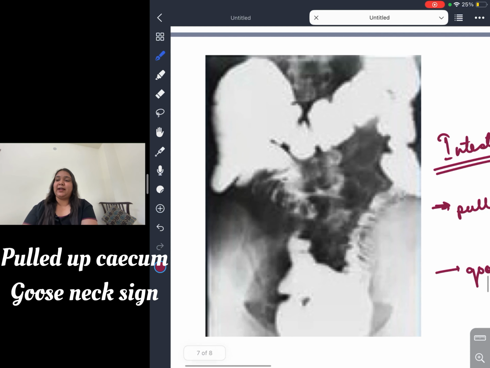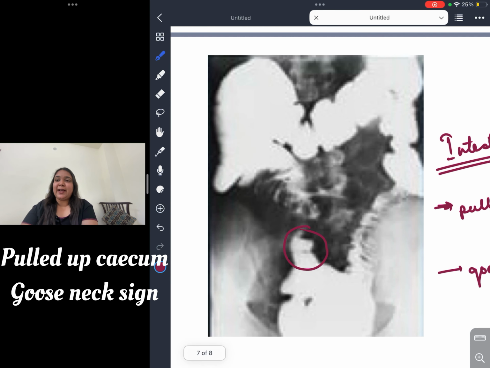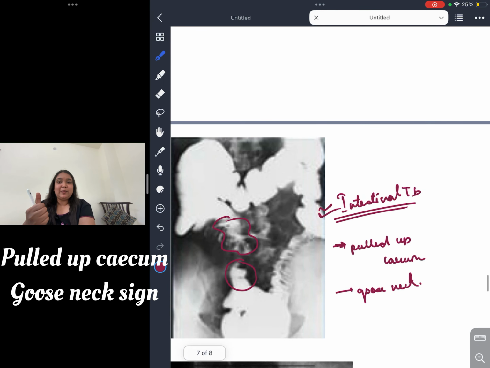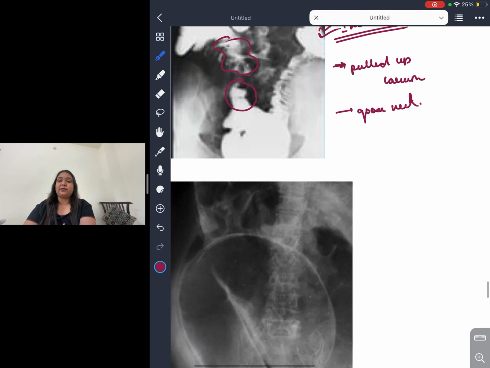So we have a goose neck sign and we have a pulled up cecum. If you find this image, go for your answer as intestinal TB: pulled up cecum, goose neck deformity.